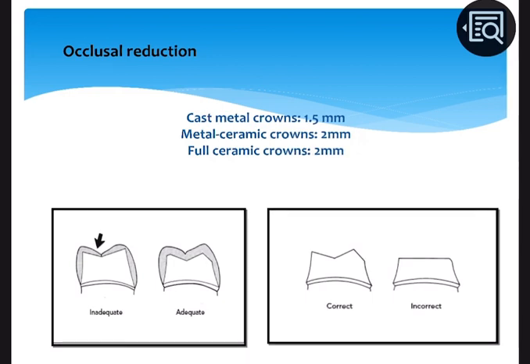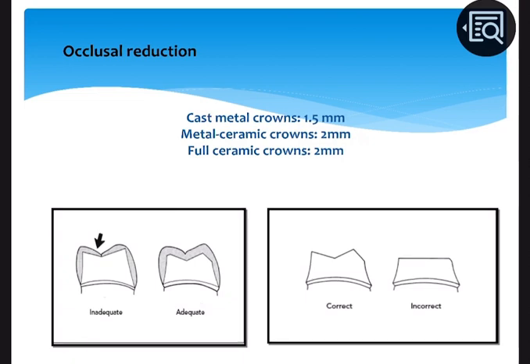provide structural durability. Okay, now see in the next box, the second box, again there are two pictures. The first picture is correct. You see in the first picture, the reduction is according to the morphology of the occlusal anatomy. That is called planar occlusal reduction, and it is also provided with the functional cusp bevel.